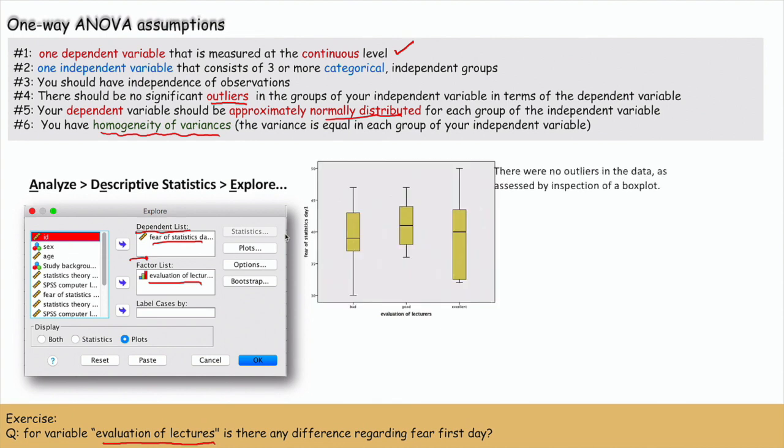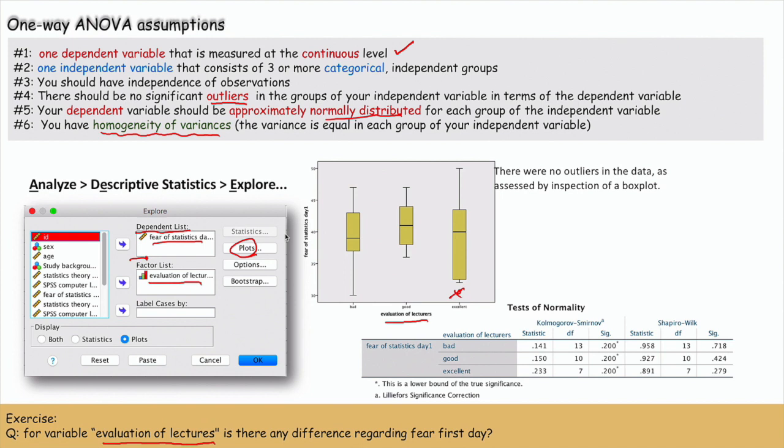And then, like before, you are going to have the plots, of course, and use the options. And then here we are getting the box plots. If we have any outlier, we can see it here. In this case, we don't have any outlier. This example about the analysis, descriptive, and explore is explained in the independent t-test video.